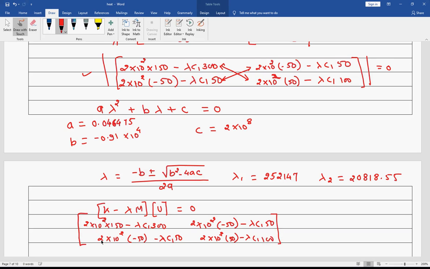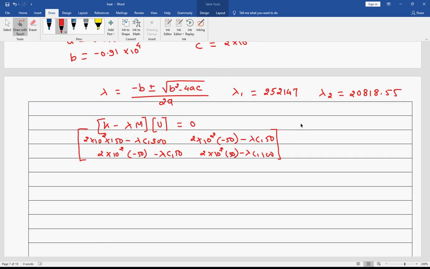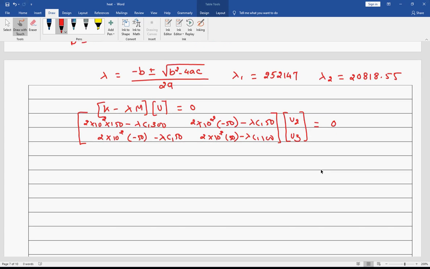Of course u1 is 0, which is fixed, so this I can call u2 and u3, and this will be equal to 0 ultimately.